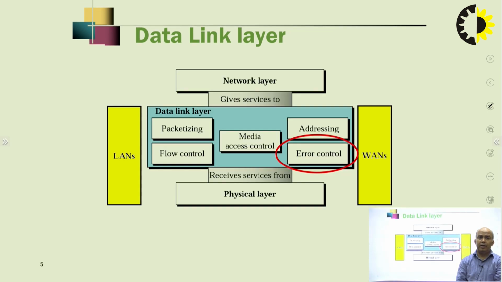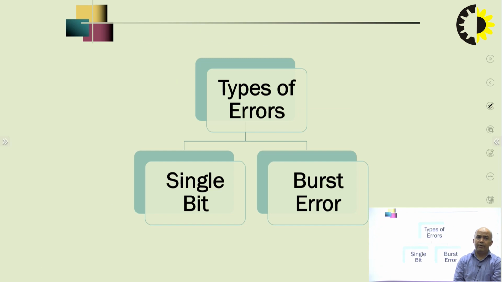In error control, there are two types of error: single bit error and burst errors. While transferring data from source to destination, data is transferred in bit format. In a single bit error, a single bit is changed when the receiver receives the data.